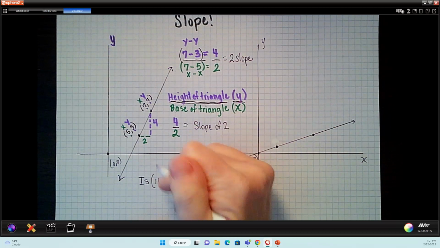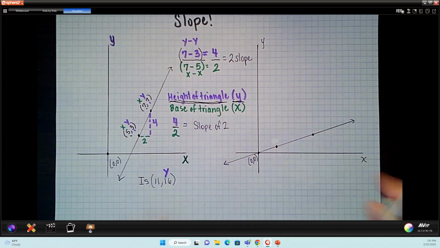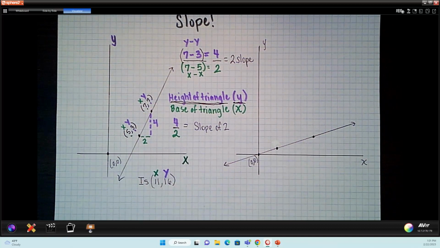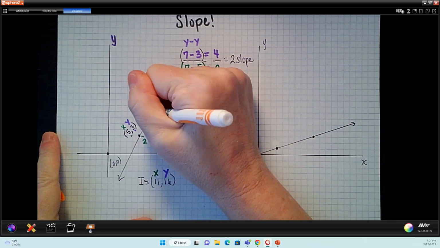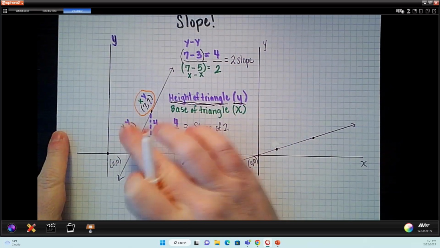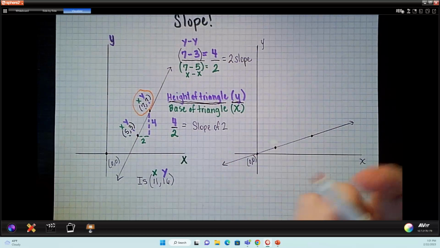So again, this is my y, and this is my x. I'm going to circle in orange. I'm going to use this set right here. I can use either one, but I'm going to go with this one because they're both 7s, and that's a little bit easier for me.